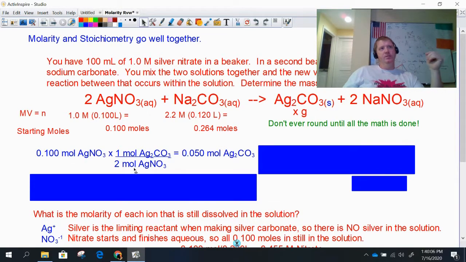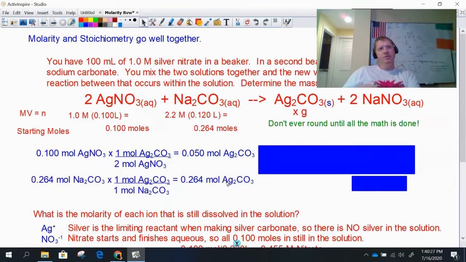So this is moles of silver nitrate, so I need those to be on the bottom. And the moles of what I'm looking for is on the top. That ratio cancels out, and I could make 0.050 moles of silver carbonate. All right? That's based off of one given. Based off of the other given, I'm going to do the same thing. I'm going to use that 0.264. It's a 1-to-1 ratio, so guess how much you can make? It's 0.264, 1-to-1 ratio, 0.264.